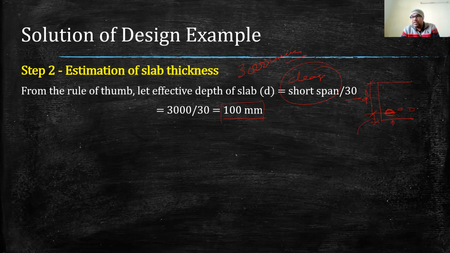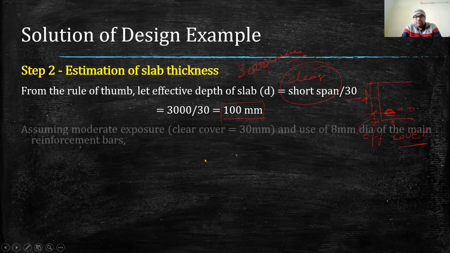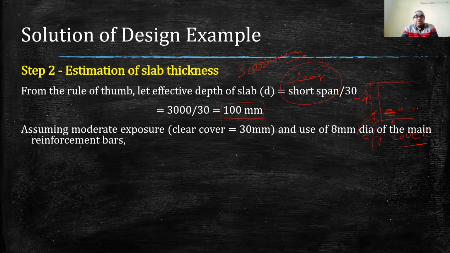Then only we will be able to find this value, which is called effective cover. For effective cover, we need to assume the exposure. So we will assume moderate exposure, and for moderate exposure, we will take the clear cover as 30 mm.